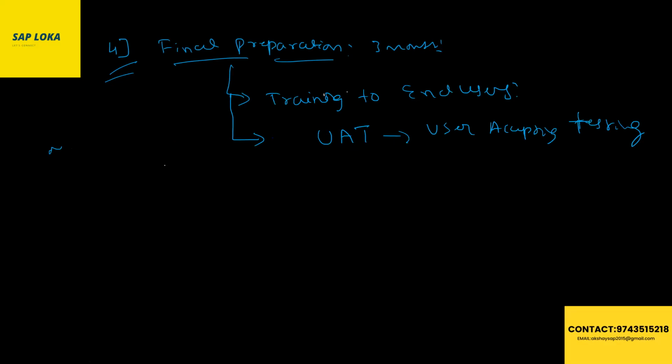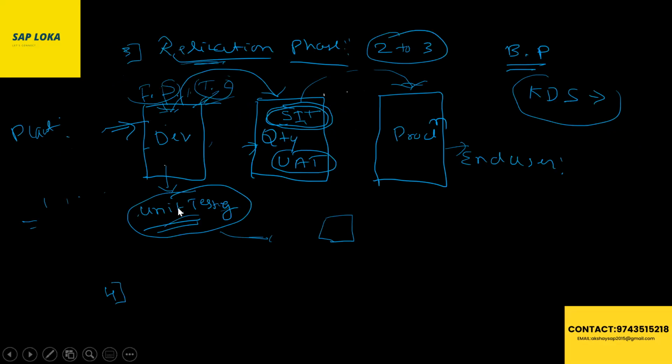In this phase they will get access to our SAP sandbox system, sometimes the quality server. These people will work on UAT, using whatever we have prepared. Unit testing is done only by consultants. SIT is also done by consultants. Then this UAT will be done in the quality server.